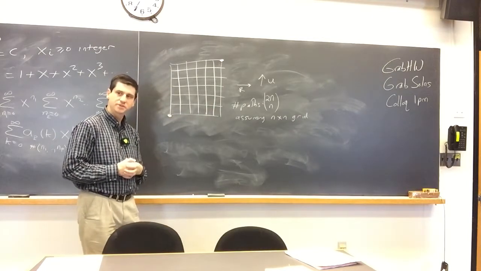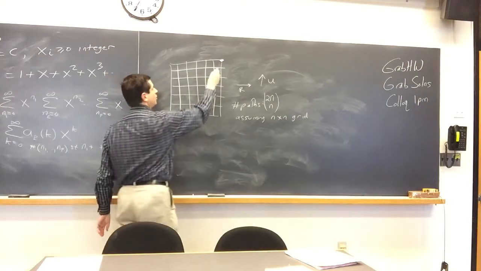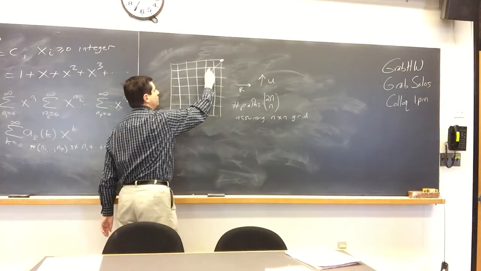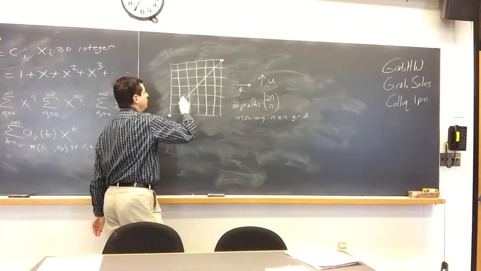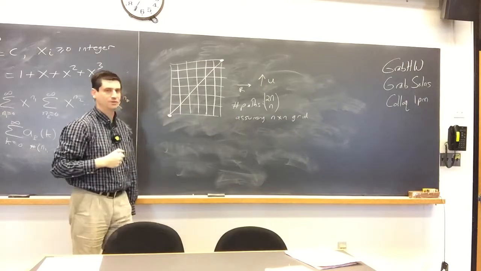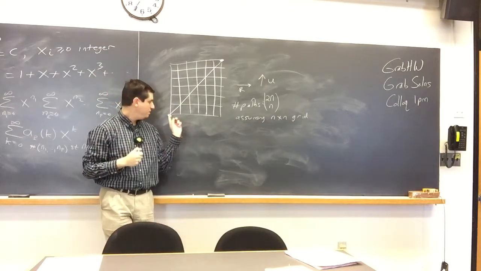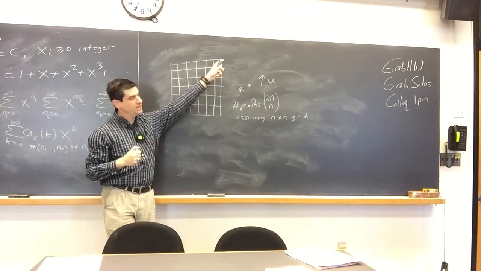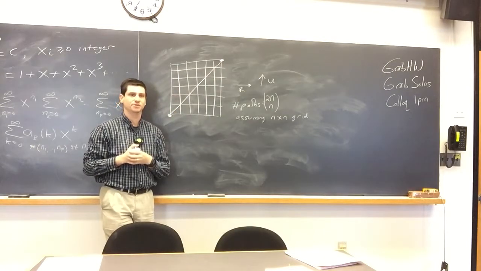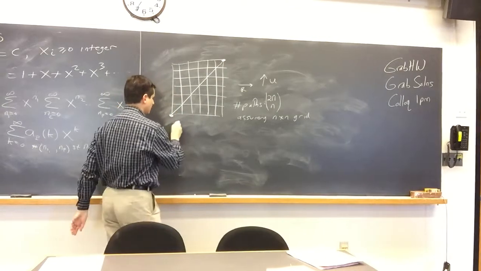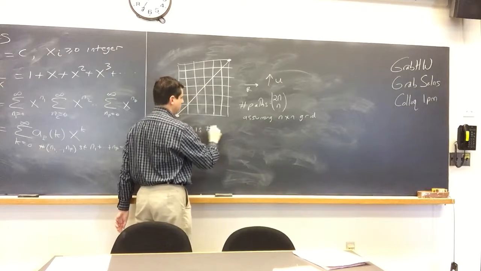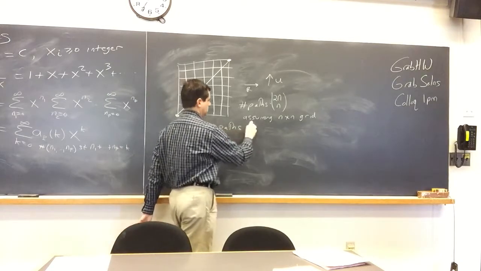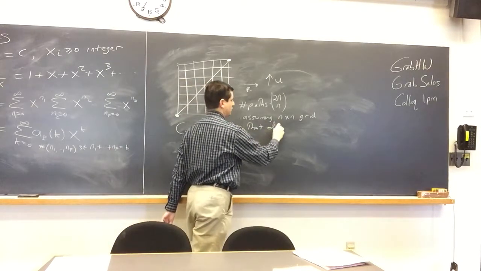The Catalan numbers basically look at the following problem. I want to do the same kind of walk, but I never want to cross the main diagonal. So how many paths are there from here to here that don't cross the main diagonal? So Cn is the number of paths that don't cross the main diagonal.